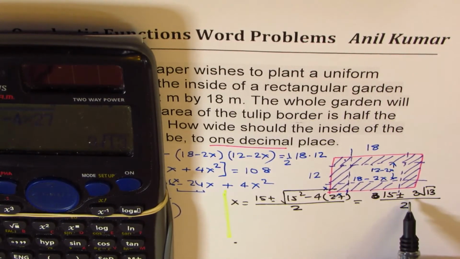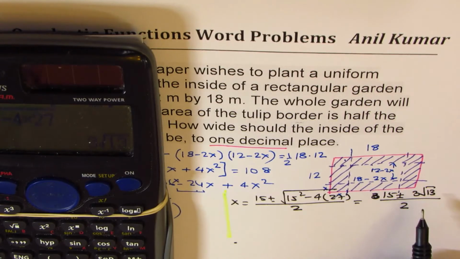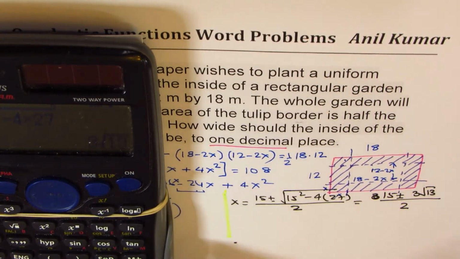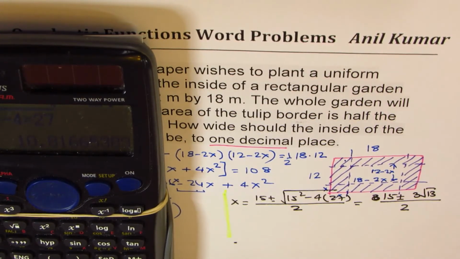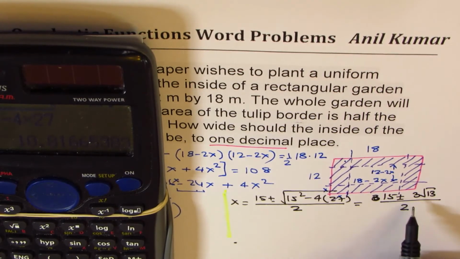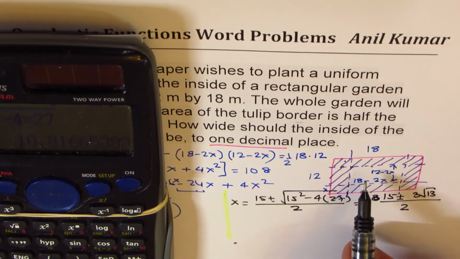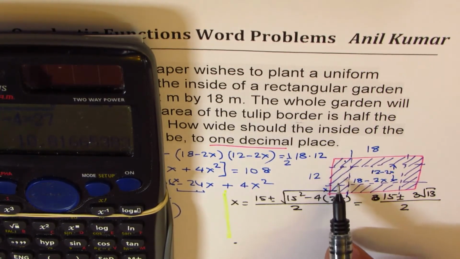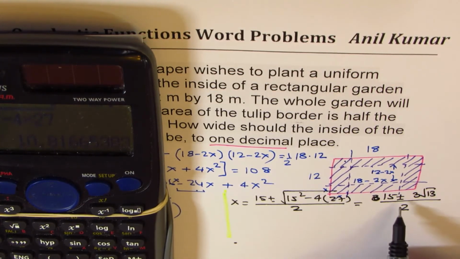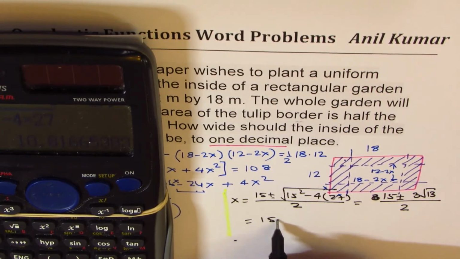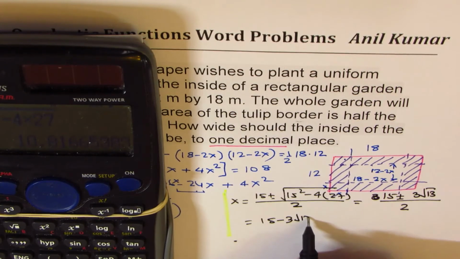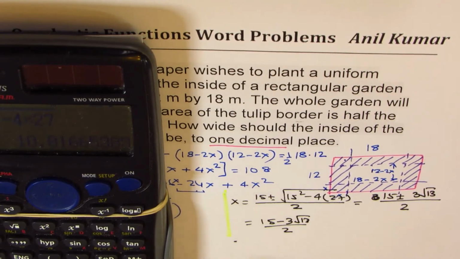Now we could get two values for x. What is 3 square root 13? Let's see the decimal value. It is 10.81. So minus 3 square root 13 should be a better option. Plus x has a limit. X cannot be more than some number 6, correct? So let's use 15 minus 3 square root 13 divided by 2.